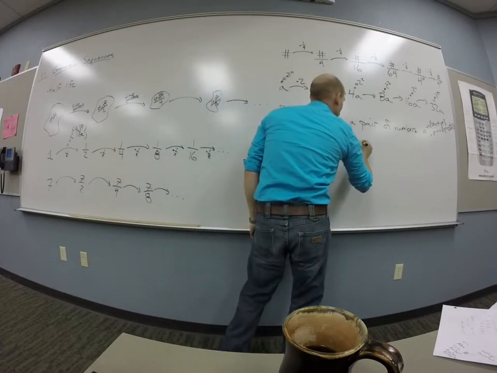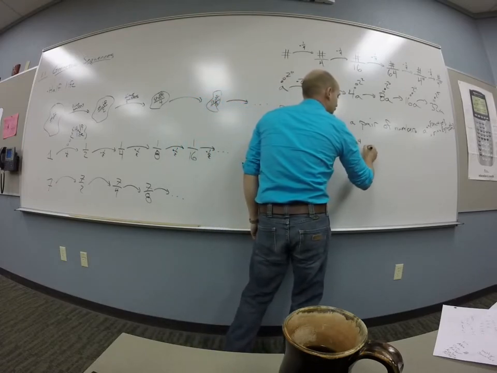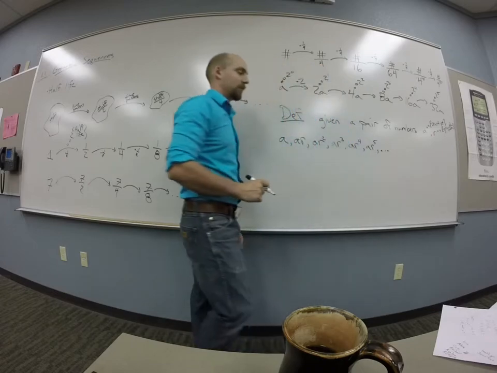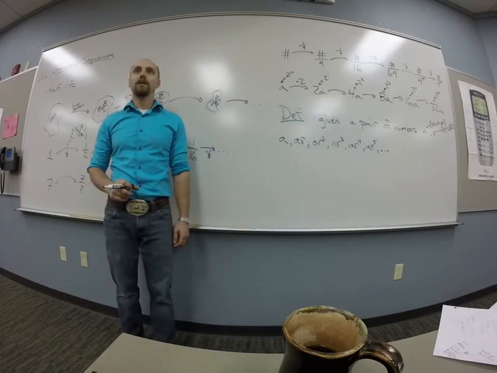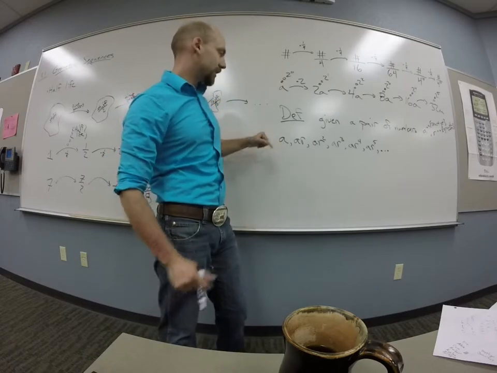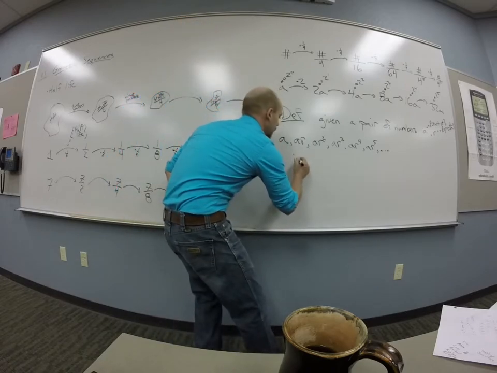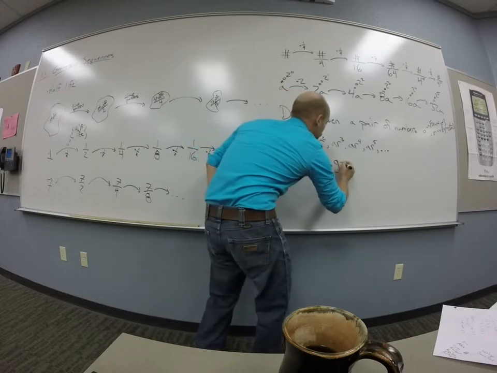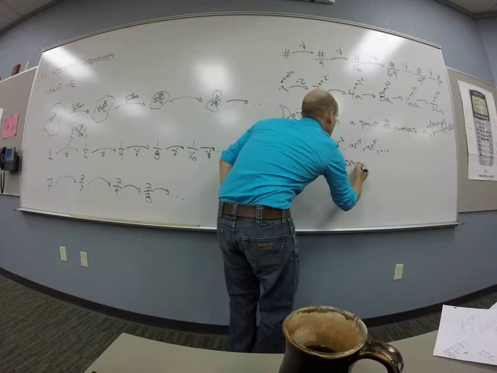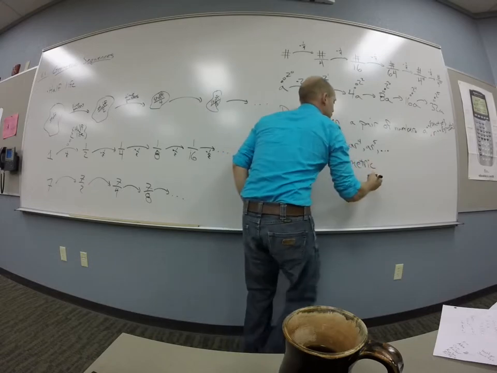AR to the 4th. AR to the 5th. And so on. Cool? Okay, so given a pair of numbers, A and R, there's this thing, and I'm calling that a geometric sequence.